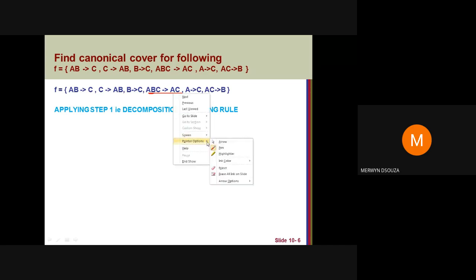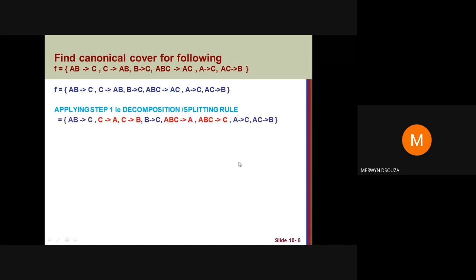Here you can see the first functional dependency that we split is C determines AB. You can split it as C determines A and C determines B, applying the splitting rule. The second one that you can split is ABC determines AC.